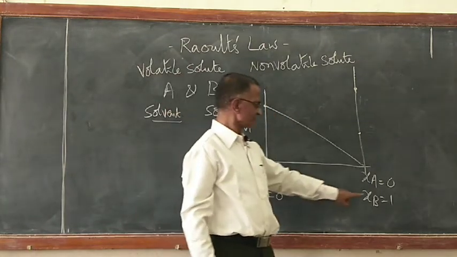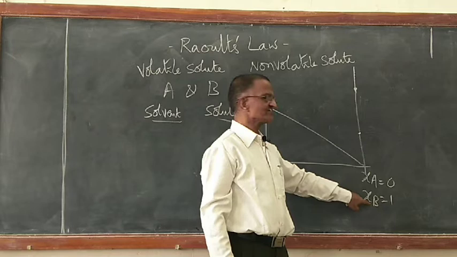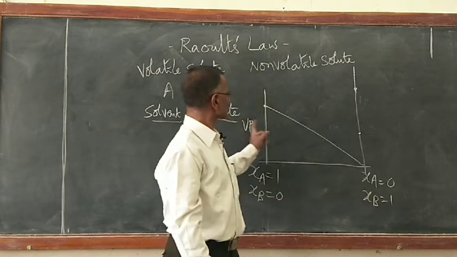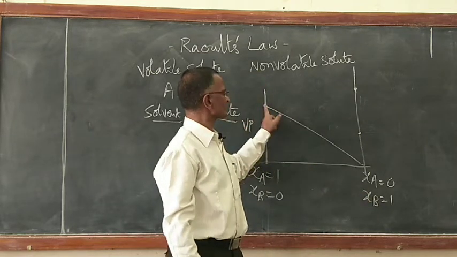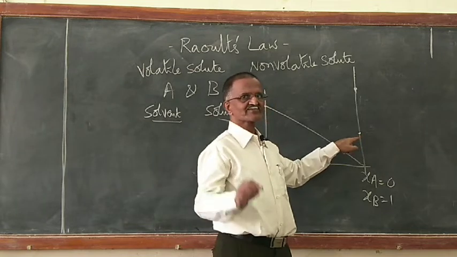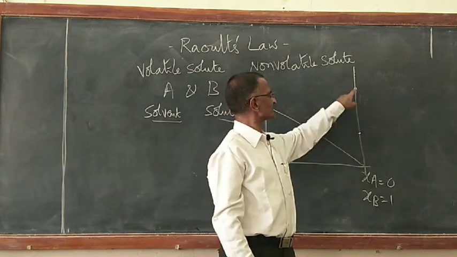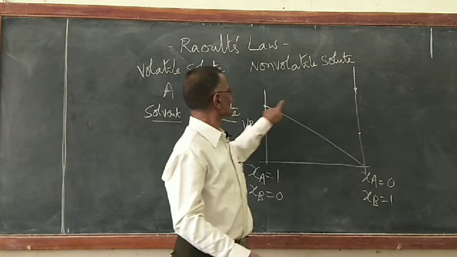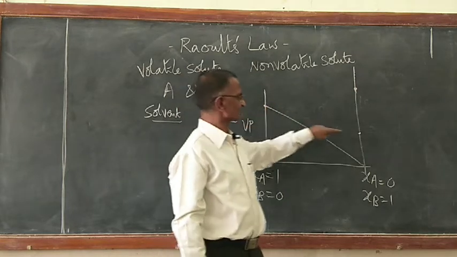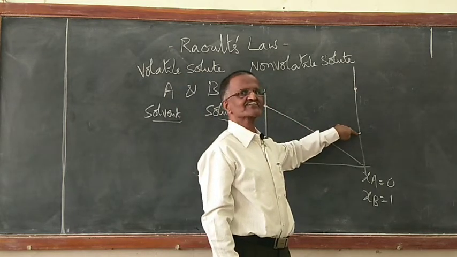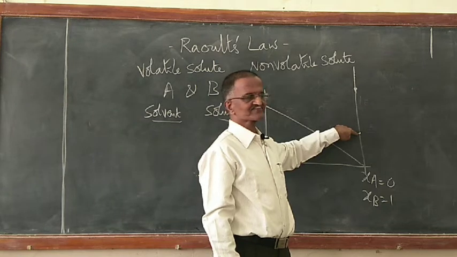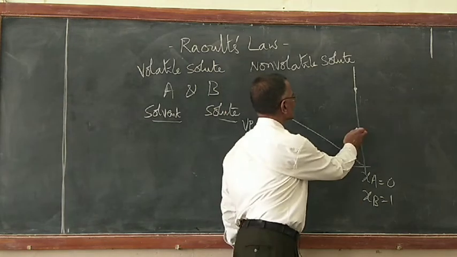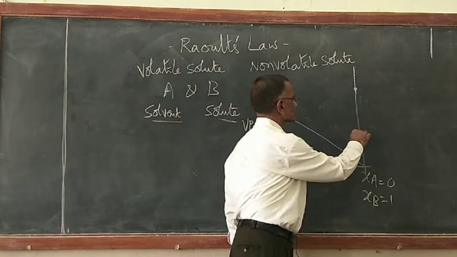So the contribution of B depends on whether it is more volatile than A or less volatile. Your point on the y-axis can be there. If it is there, it means it is more volatile than A. If it is here, that means it is less volatile than A. Suppose it is more volatile than A.